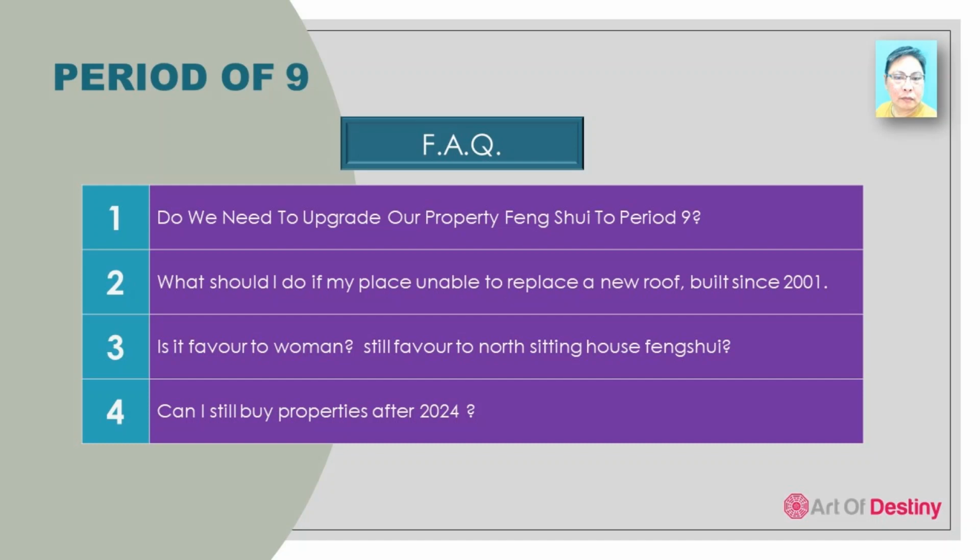It's like in period 8 you get a menu with 5 dishes, but in period 9 you only get a menu with 2 dishes. So you either take option A or B. That's it, right? In every period there are different possibilities. Some periods have more possibilities than others. So it doesn't mean that when you go into period 9, you must upgrade your Feng Shui into period 9.